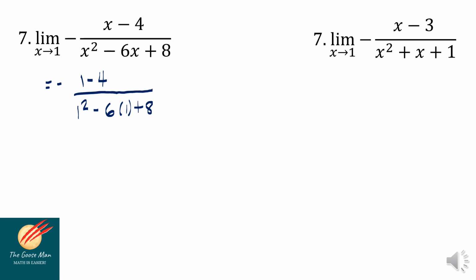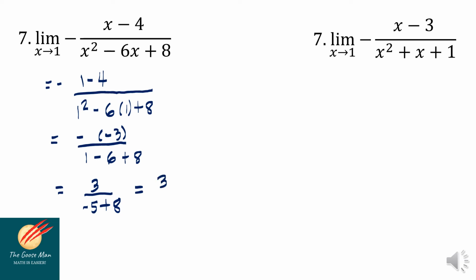Simplifying it further, I have here negative of negative 3 all over 1 squared minus 6 plus 8. In the numerator, negative of negative 3 is equal to 3, all over 1 minus 6 is negative 5 plus 8. So this is the same as 3 all over 3, or this is equal to 1.